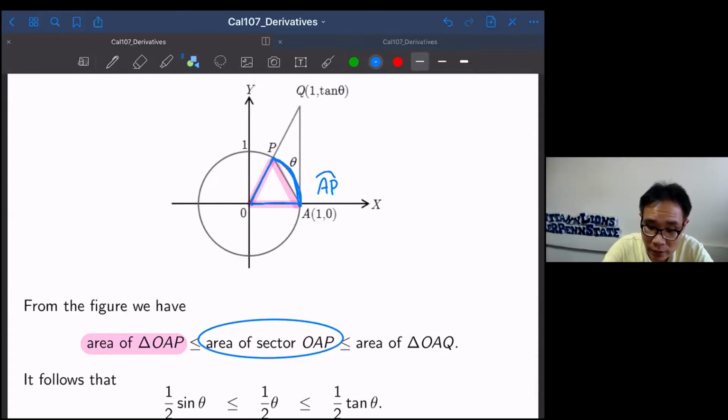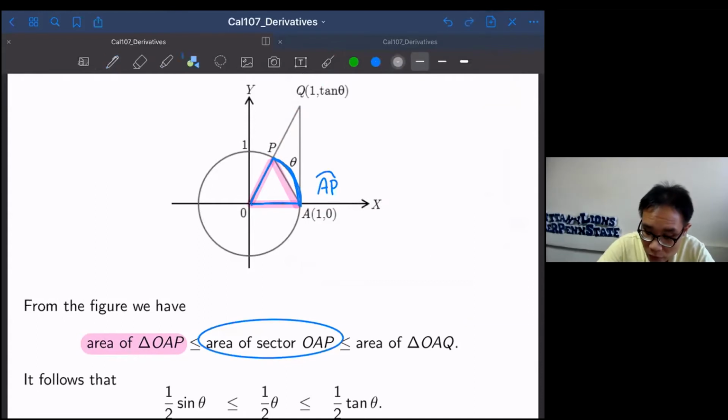And we have the area of the big triangle, the gray one. This one is the larger triangle, the triangle OAQ, which has the most area here.